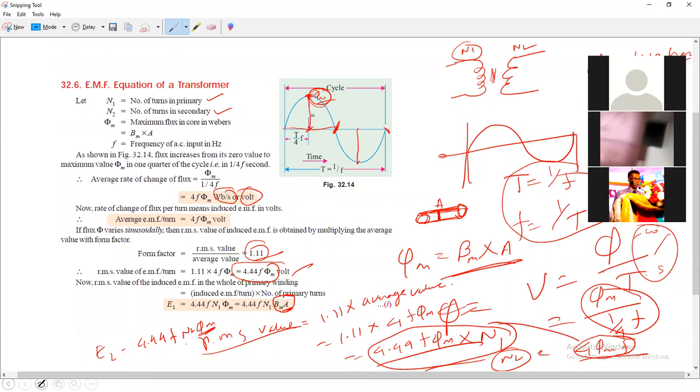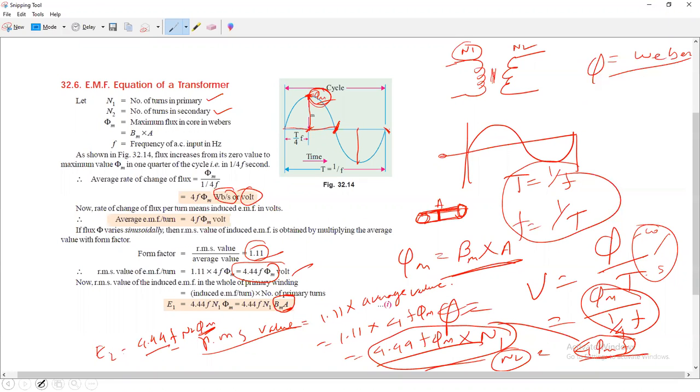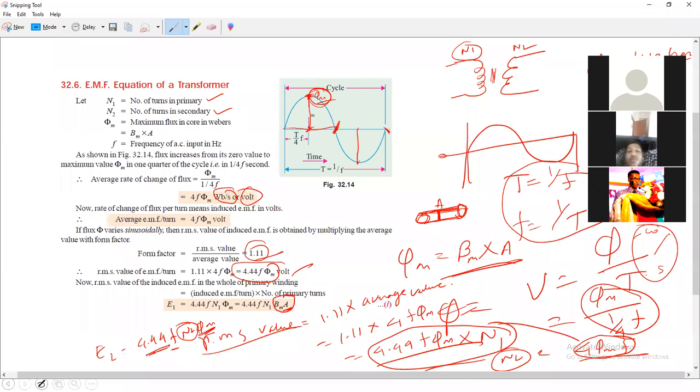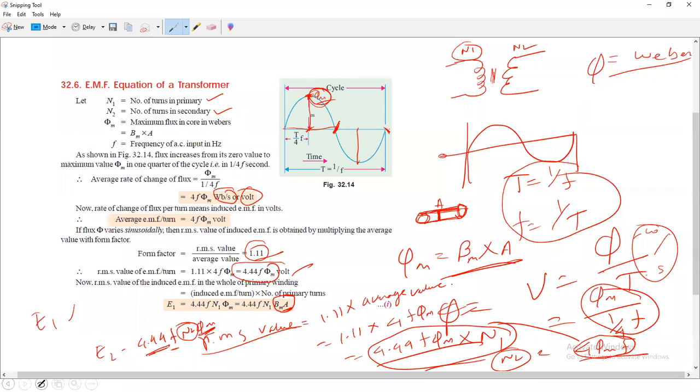So if this frequency is fixed or flux is fixed, our voltage depends on the turn ratio. If this part is fixed, E1 is proportional to N1 or E2 is proportional to N2. So voltage depends on your coil turn. If coil turn increases, your voltage increases.